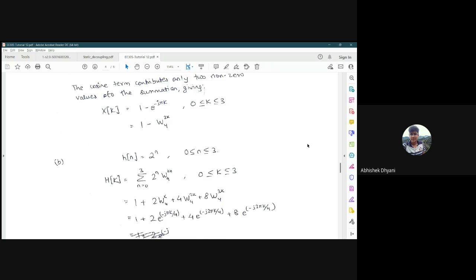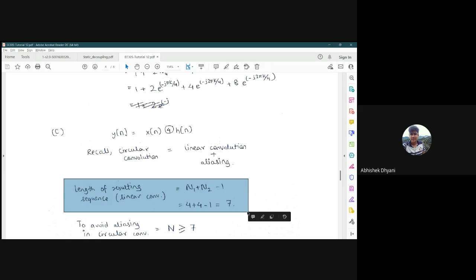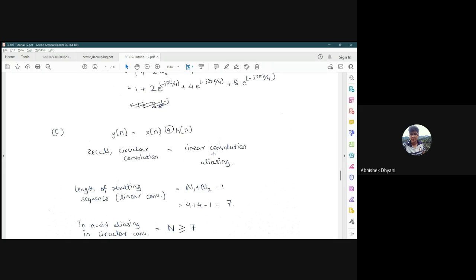And the same was the case with hn, it also had capital N equals 4. So for linear convolution, we know that the length of the resulting sequence is N1 plus N2 minus 1, which will be 4 plus 4 minus 1, that is 7, right? If I take the linear convolution of xn and hn, I will get the resulting sequence having a length of 7. So the capital N for it will be 7.